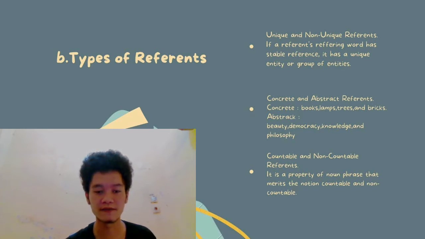The second is concrete and abstract reference. Concrete reference are concrete or tangible objects like books, lamps, trees, and bricks, whereas abstract reference are abstract or ethereal entities like beauty, democracy, knowledge, and philosophy.